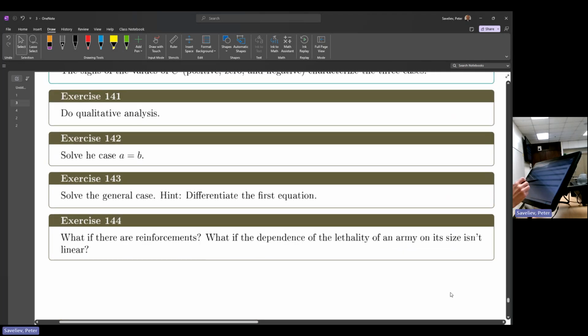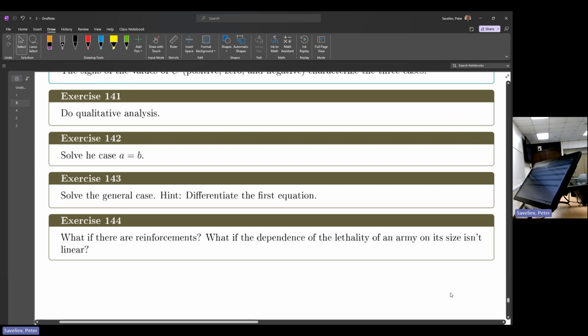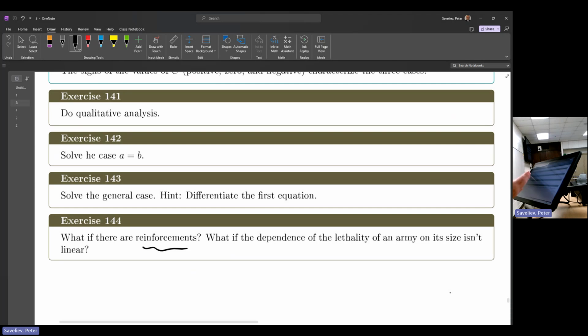Because if you are willing to deal with Eulers and nothing else, then you can throw in all kinds of complexity. So the linear algebra analysis that we have done is out of the window, but the Eulers will stay with us. And so we can throw in reinforcement. It can depend on the size. Maybe a bigger army is able to surround the smaller army, and then the effect of the size might be higher.